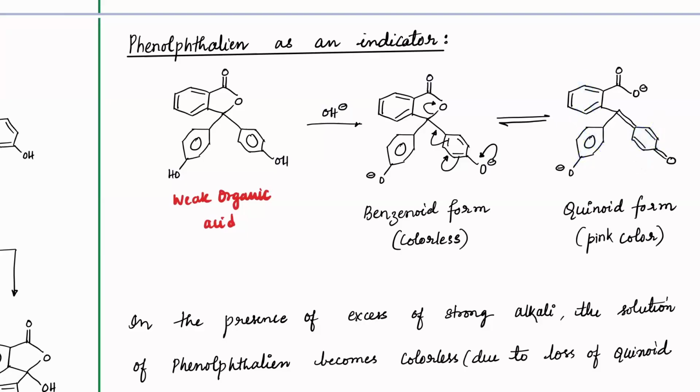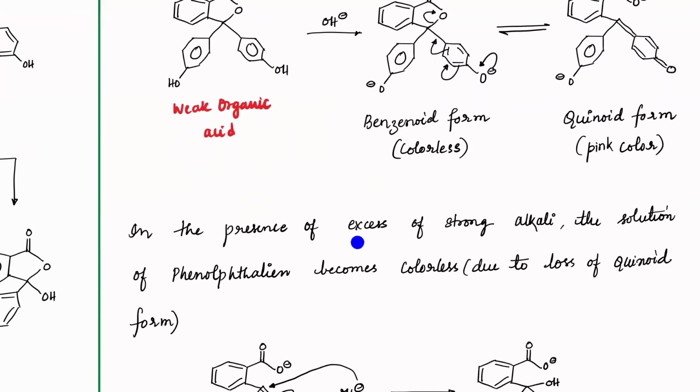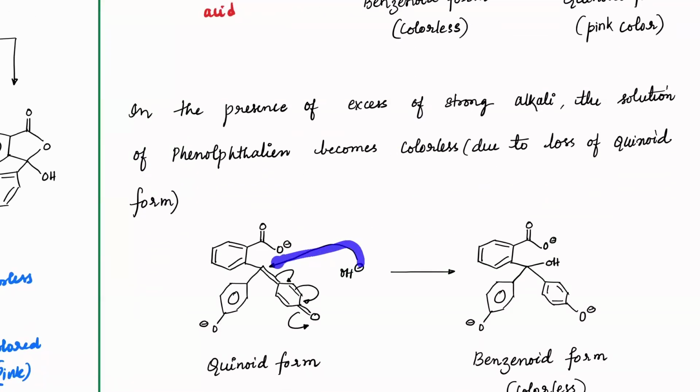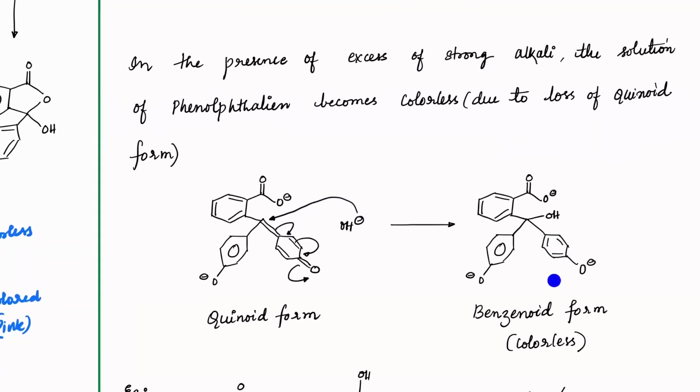Even if one ring is non-benzenoid, we call it quinoid form. Okay, and it is that quinoid form which gives a pink coloration. And in the presence of excess of strong alkali, even that OH minus will back attack, pi bond will go. Again, it converts into benzenoid. The minute you get benzenoid, again it remains colorless.